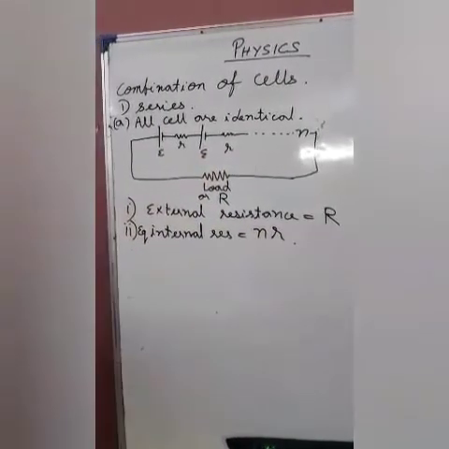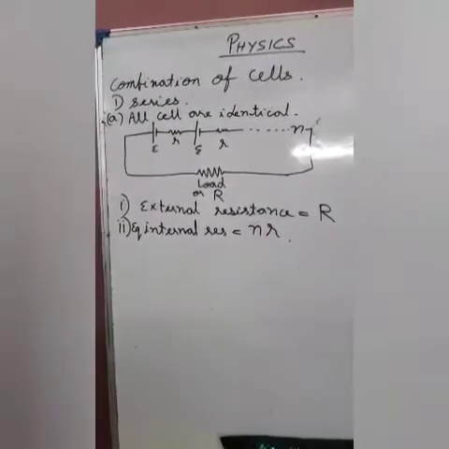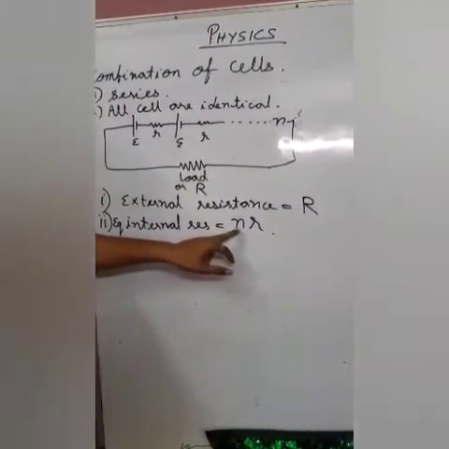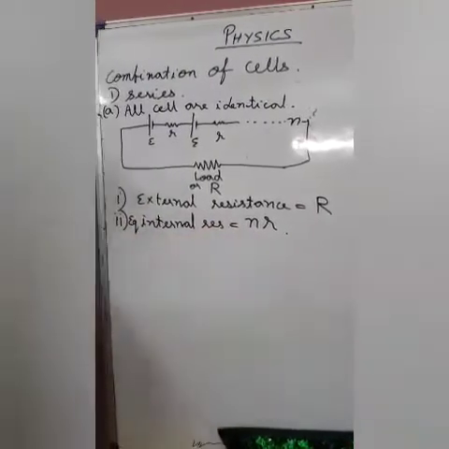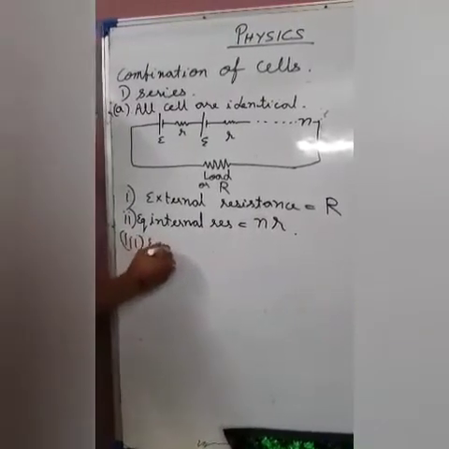In series combination, if all the resistances are identical, then we have done earlier also that for n number of resistors the total resistance is nr. Third thing is equivalent EMF.